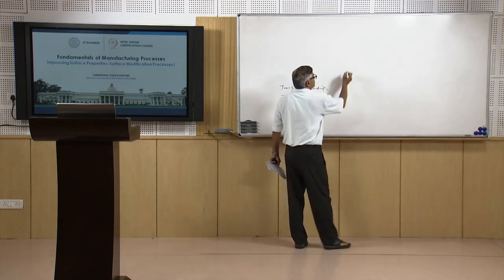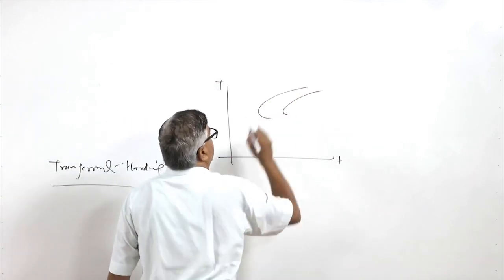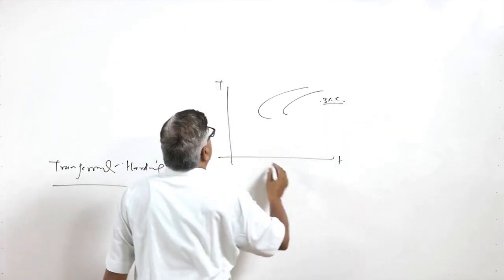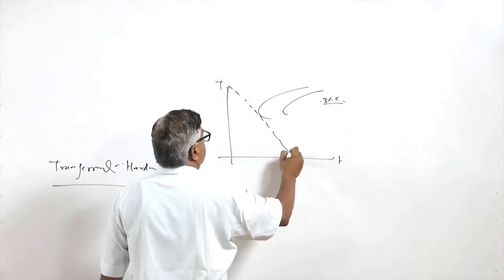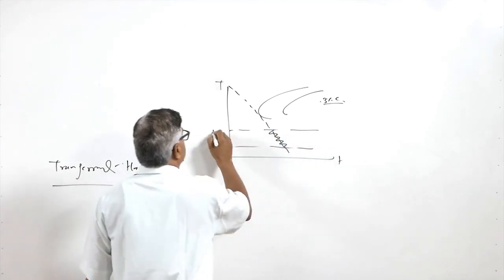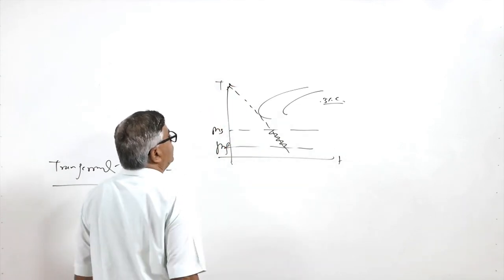What is exploited here is the TTT diagram or CCT diagram for 0.3% carbon steel, and this is the critical cooling rate. This is the transformation zone, this is Ms and this is Mf, and this is the austenitic zone.